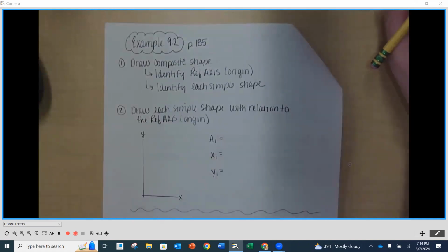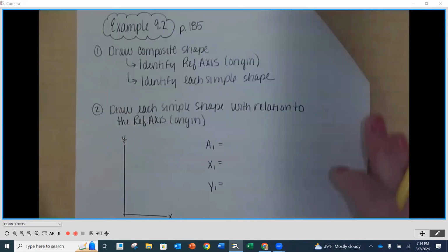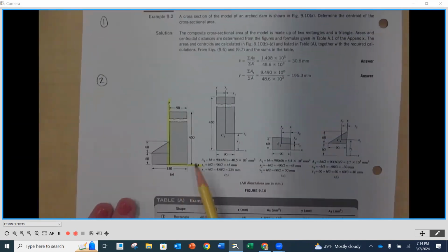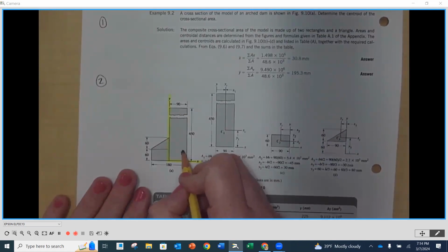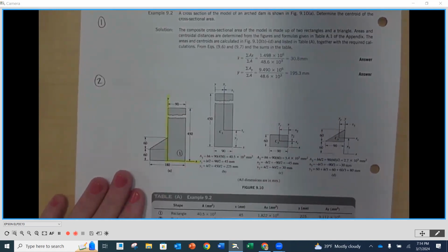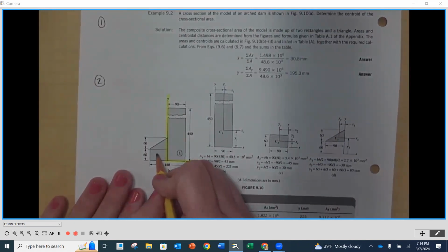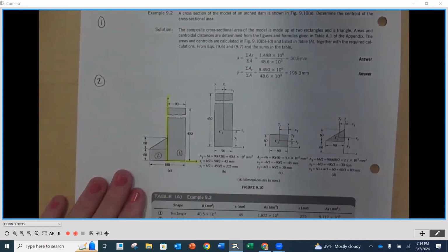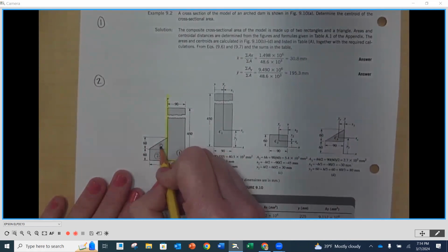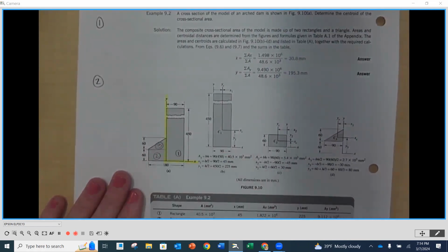What they did for theirs is they identified shape number 1 as the big, tall rectangle. Shape number 2 is the shorter rectangle on the left-hand side of that y-axis, and shape number 3 is the triangle.